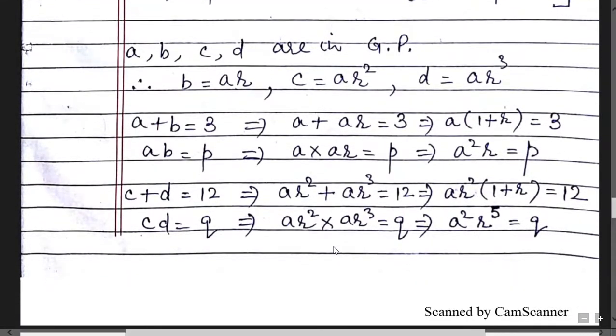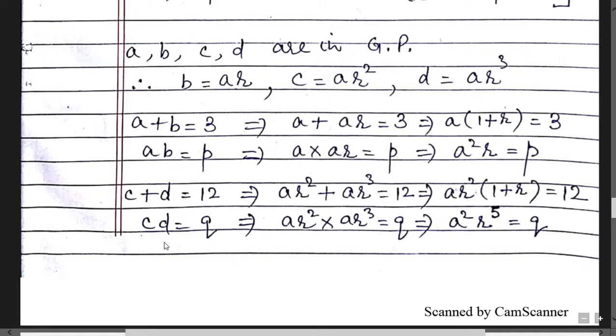Now A, B, C, D are in GP. It means B is equal to AR, C can be written as AR square and D can be written as AR cube. Given A plus B is equal to 3, now insert the value of B, then take A common. Similarly, when AB is equal to p, insert the value of B, it's A square R is equal to p. Then C plus D is equal to 12, insert the values of C and D, taking AR square common, AR square into 1 plus R is equal to 12.